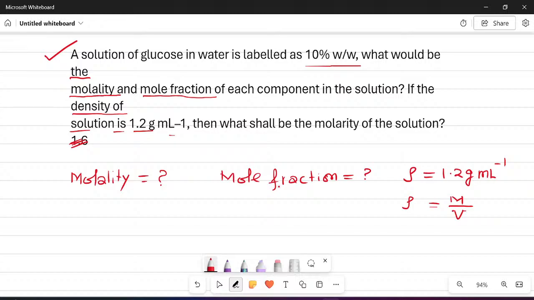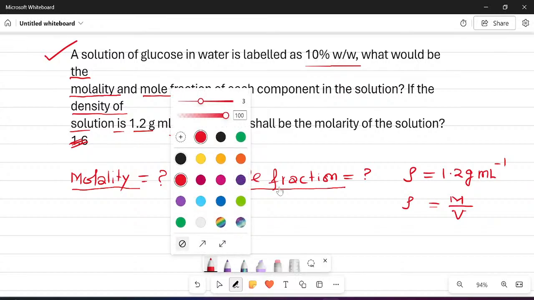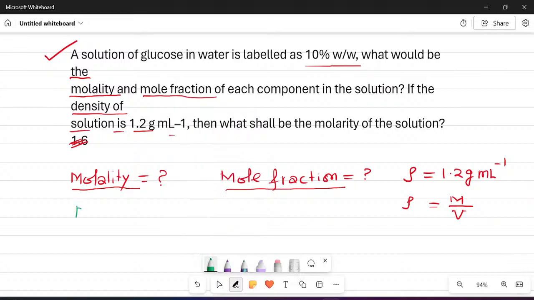Now molality requires number of moles, mole fraction requires number of moles. So first of all we have to calculate number of moles. Number of moles of what? Solute, obviously. For molality we need solute.